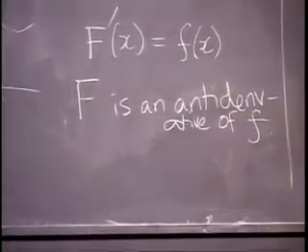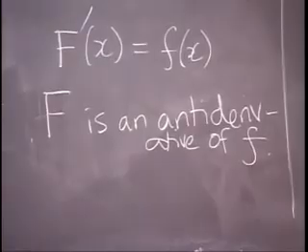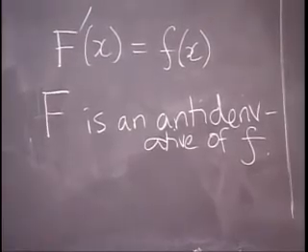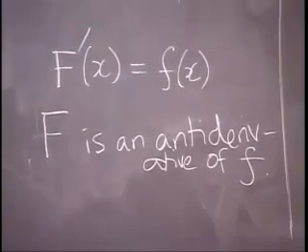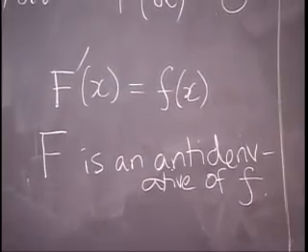It's an antiderivative. It's the opposite of a derivative. Not quite the opposite. It's really the inverse procedure. Instead of differentiating, we find the function whose derivative is the one we started with.